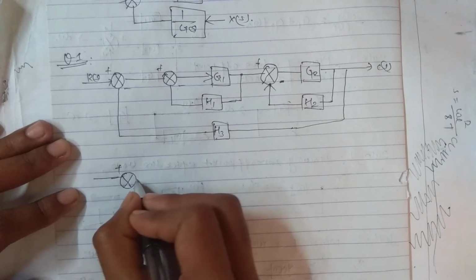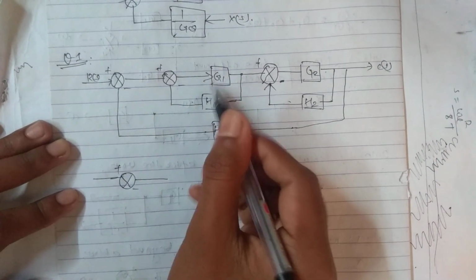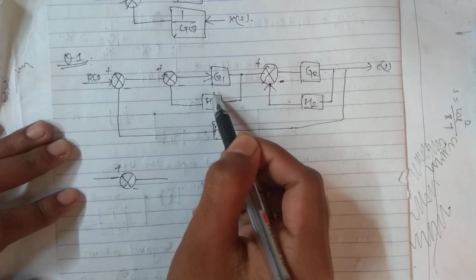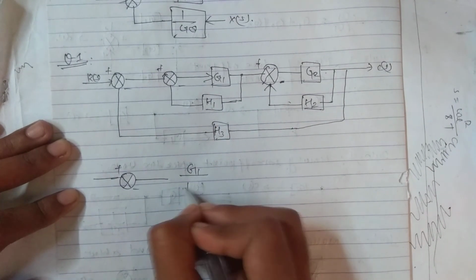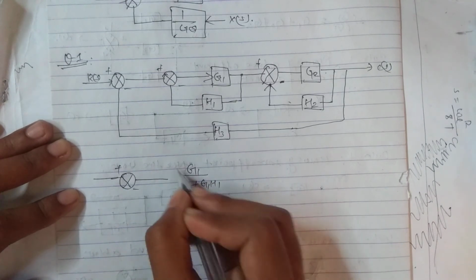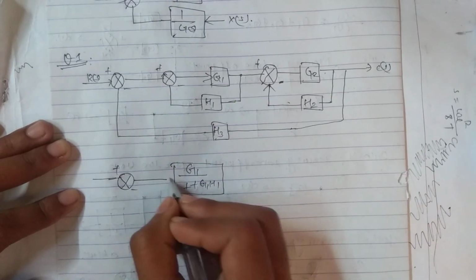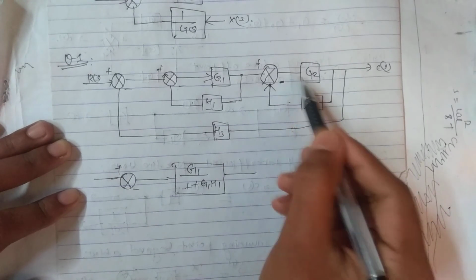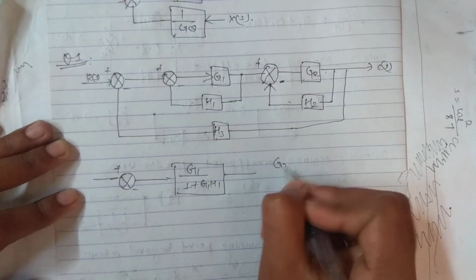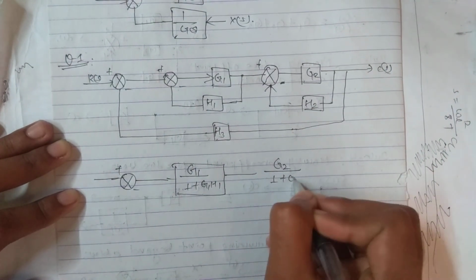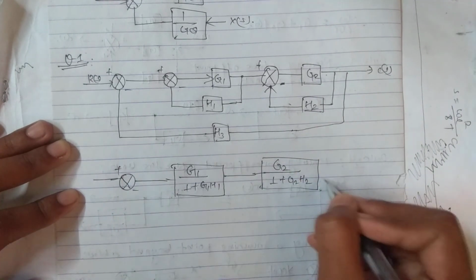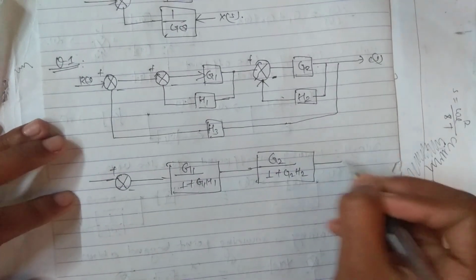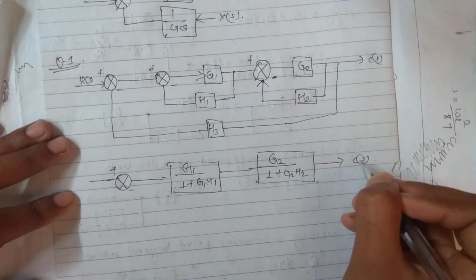By applying negative feedback we can write G1 by 1 plus G1 into H1. Again applying negative feedback we can write G2 upon 1 plus G2 into H2. And here we have C(S).